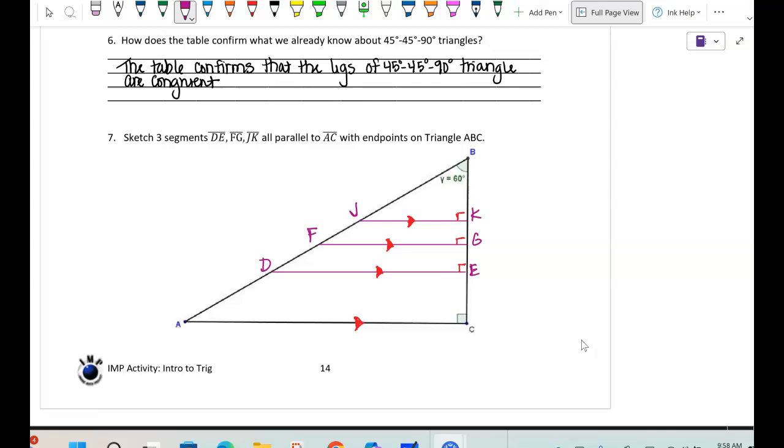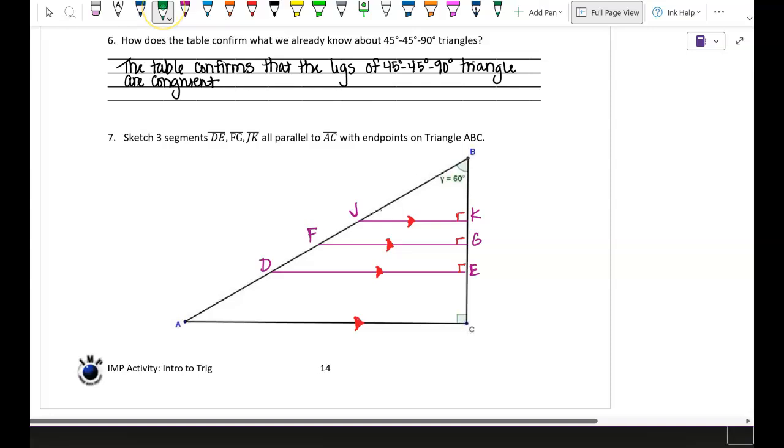And with all of these new triangles, angle B is 60 degrees. We have 90 degrees all the way down, which means all of these angles on the left side are all going to be 30 degrees because, again, that's the only way each triangle would add up to 180 degrees. So we have 4 30, 60, 90 triangles here.